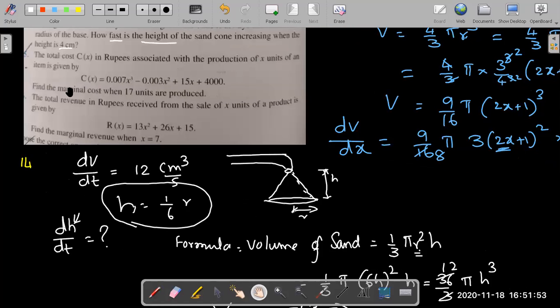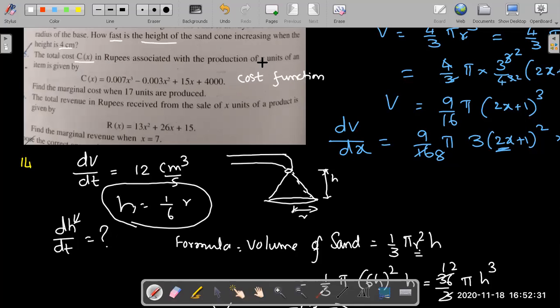Next one is the 15th. Here the wording is important, because in an economics question you need to understand the wording. The total cost of producing, say, mobile phones or some material, that's called a cost function. They'll have a cost function, demand function, supply function in economics. Since it is a function, they said c of x, equal to 0.0007 x cube minus so many x square.